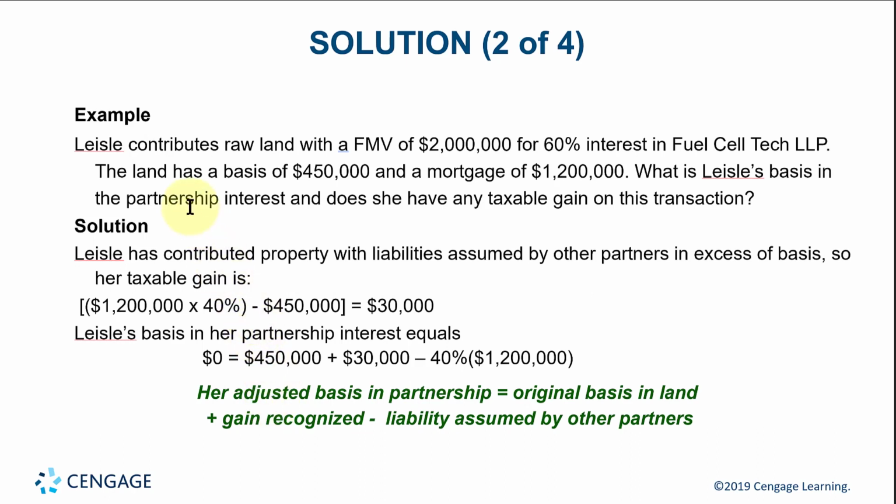Let's do one more example. Here, Leslie's contributing land to a partnership. The value of the land is 2 million, and the interest in the partnership that Leslie will get is 60% of this new partnership. Here is the basis in the land to Leslie.